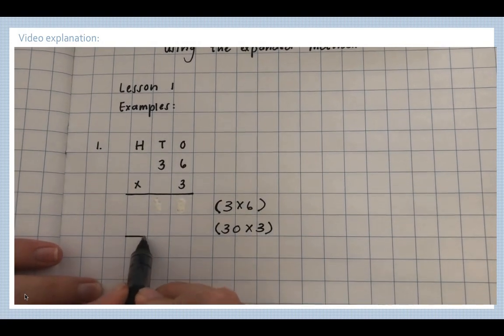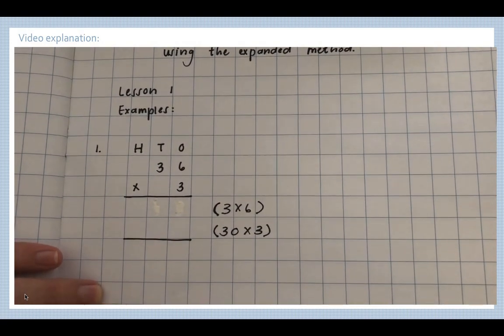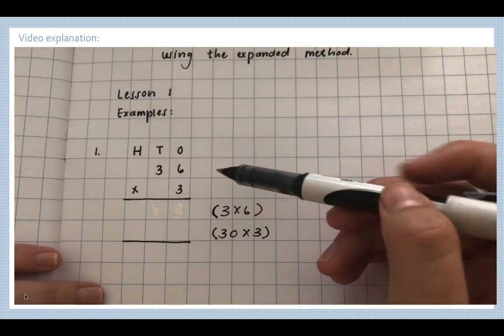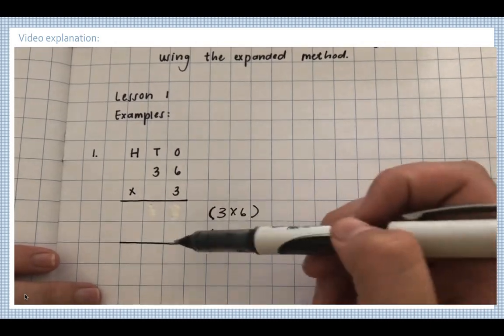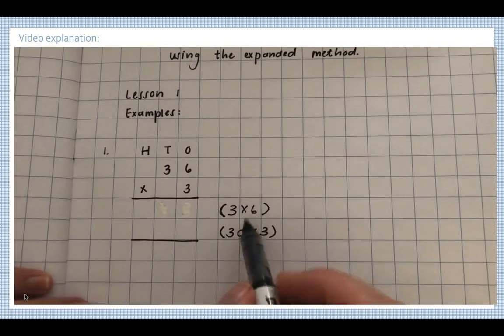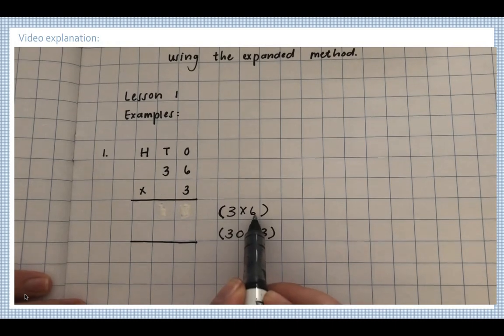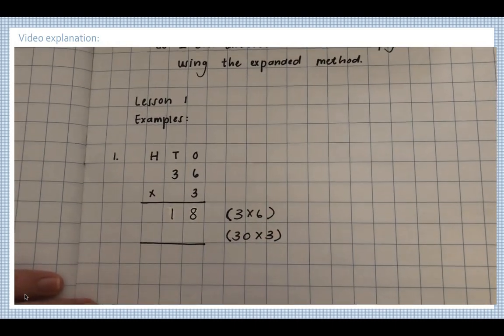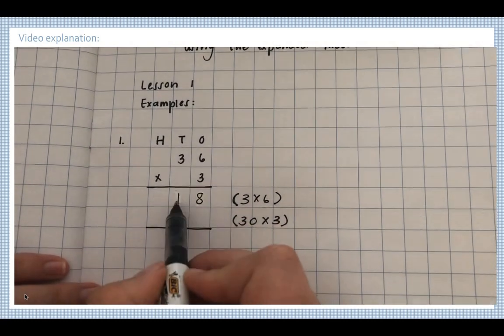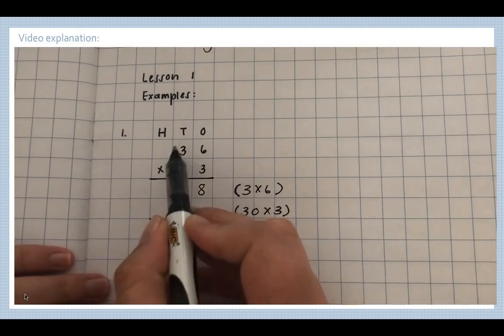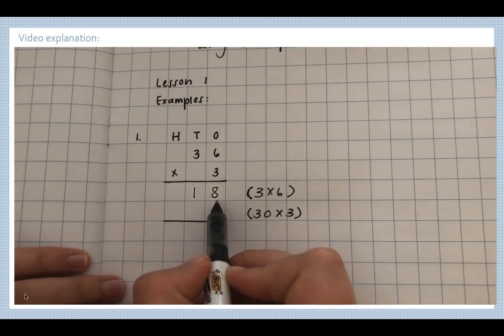You can always draw yourself another equal line to make it easier to sort it out for yourself. Remember, because this is what expanded method is, to first get everything sorted before you get your answer. So now I'm going to say 3 times 6 equals 18. And I'm going to remember to write it down correctly under the correct place value unit.